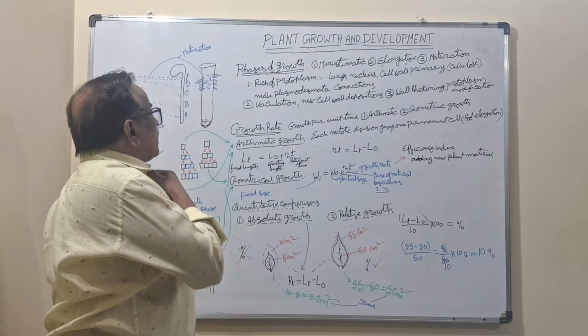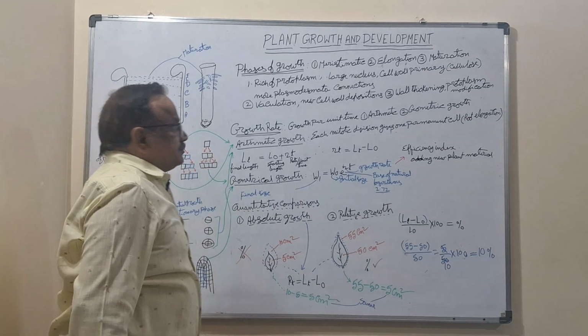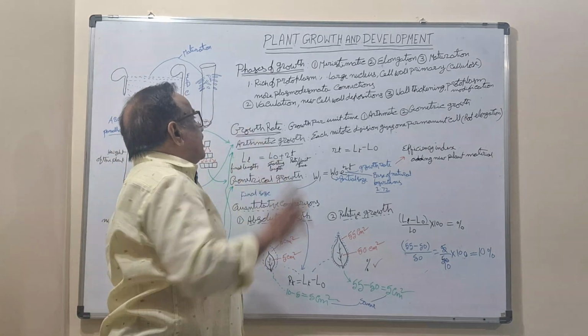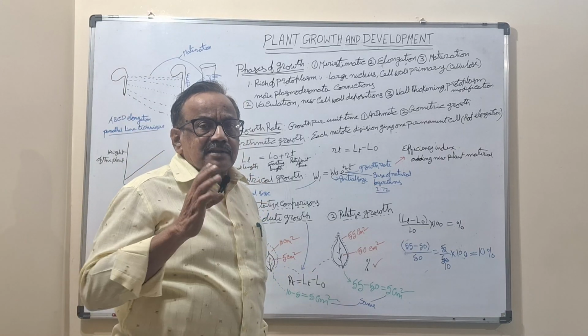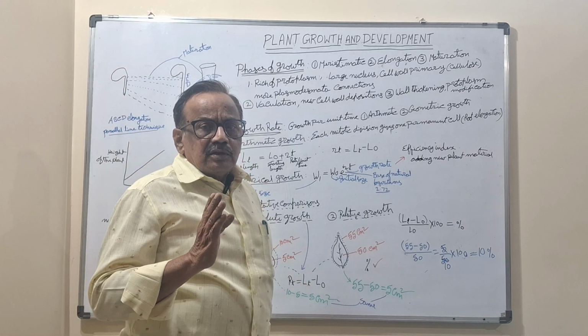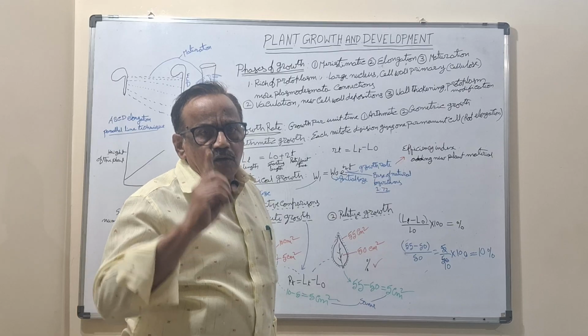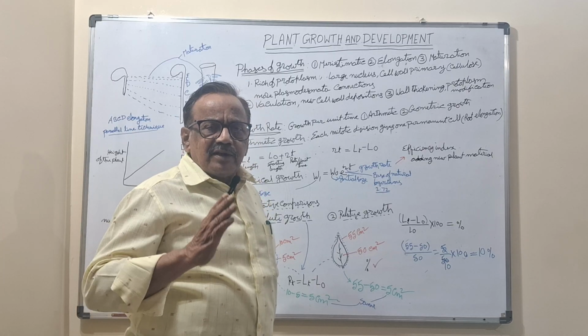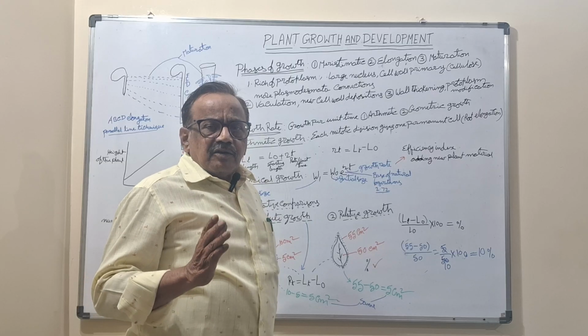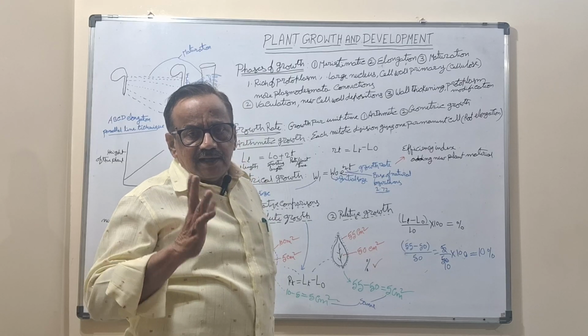In this chapter, he has given this diagram. Now we'll see what characters the cells of each zone have. This is also very important. Each and every point he has given, and he can ask it in NEET.